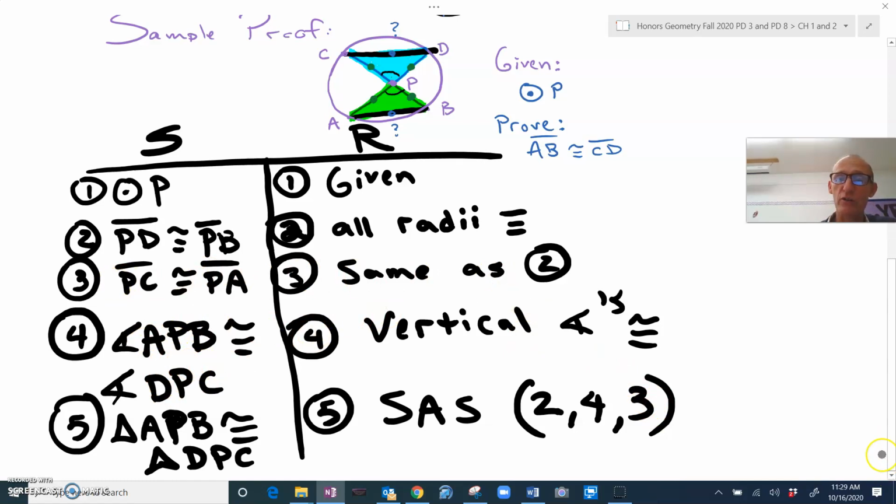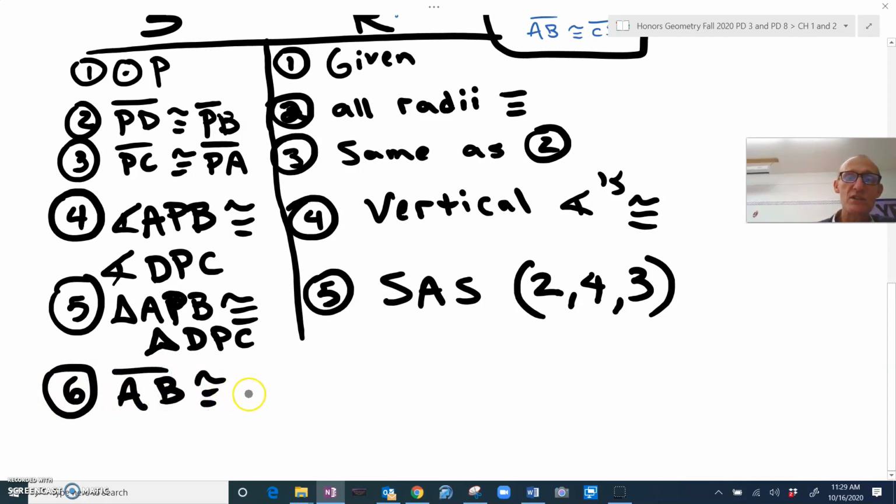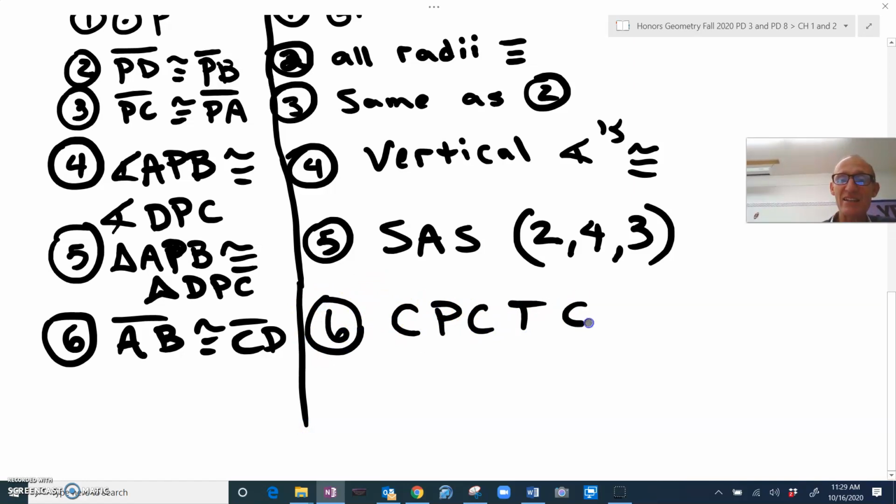Now, we've got the triangles congruent, but we had to prove that AB is congruent to CD. So we're going to use the fact that the triangles are congruent in CPCTC. The last step in the proof is AB congruent to CD, and that is because of CPCTC: corresponding parts of congruent triangles are congruent.